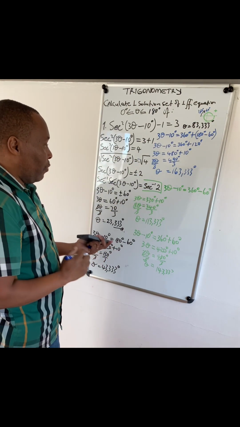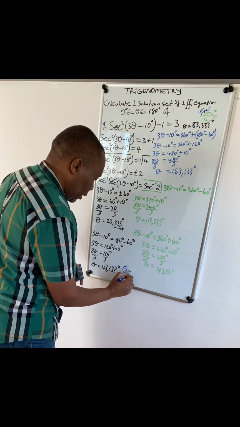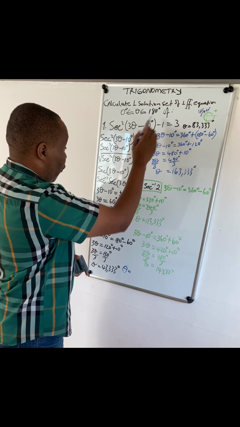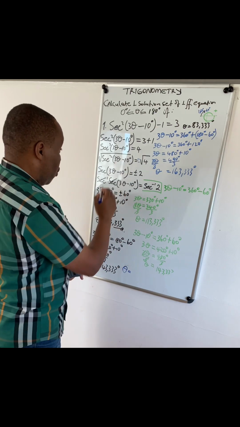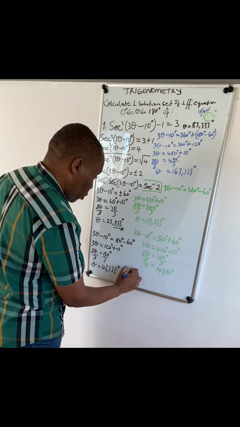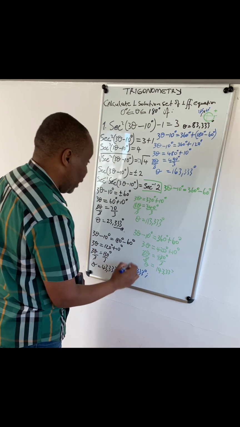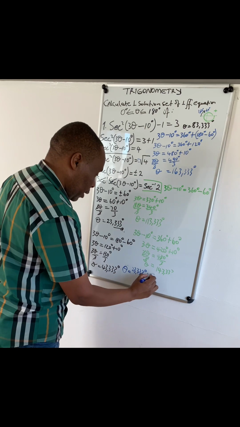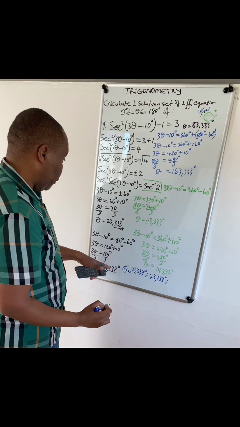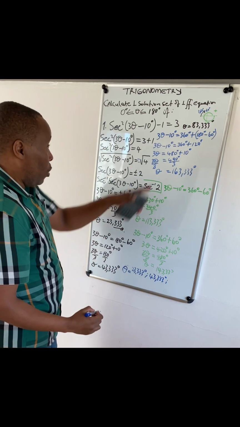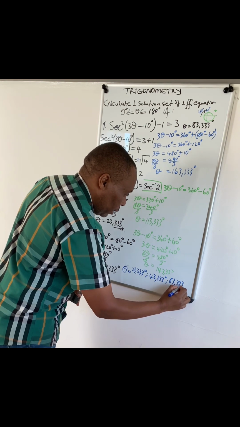Then when you are asked for theta, the set of thetas for the following equation, we start with the first one, which is 23.333 degrees. The next one is 43.333 degrees. The next one, 1, 2, 3, which is 83.333 degrees.